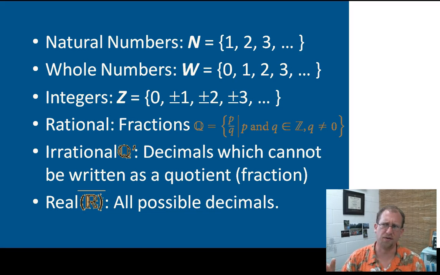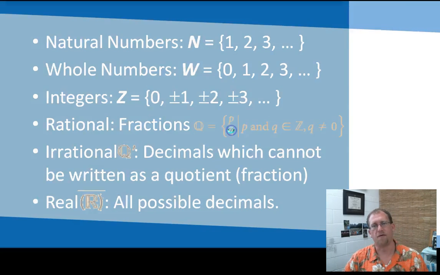It's not actually a real thing. You can't square root -1, but it serves its purpose in certain equations. So all possible decimal values are real numbers, and if you can express it as a decimal only but not as a fraction, then it's an irrational number, and rational numbers are anything that can be expressed as a fraction. Okay, so those are some of the sets of numbers.